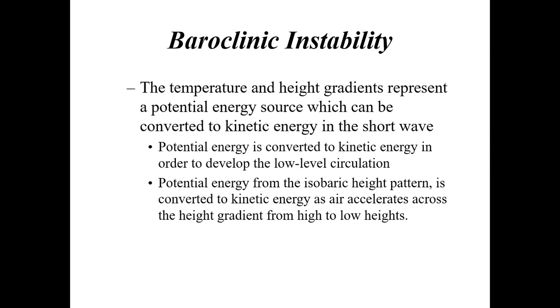We start to get the air masses mixing with each other, cold moving towards warm, warm moving towards cold. You get that circulation around those baroclinic lows, that potential energy from the tightening pressure gradient, or the tighter isobar packing, is converted to kinetic energy as air accelerates across the height gradient from high to low heights.